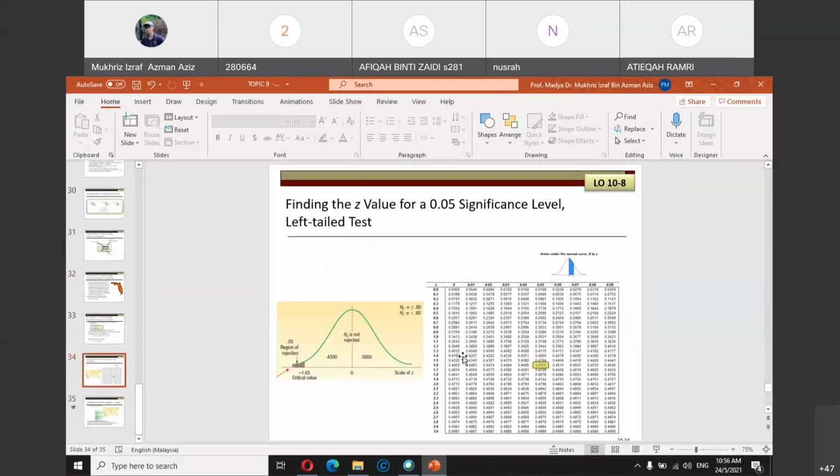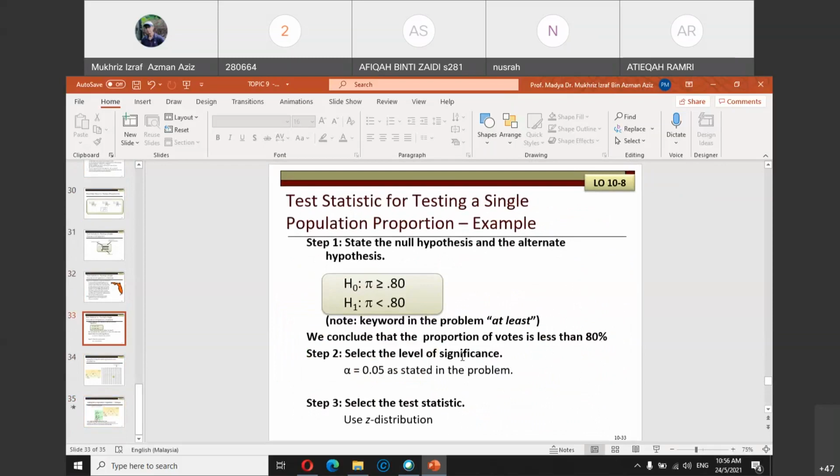So even in your assignment or exercise today, most of the questions will be on the T distribution, and maybe 1 or 2 will be on the Z distribution, just to make sure that you know how to determine the critical value from Z versus the critical value from the T distribution.